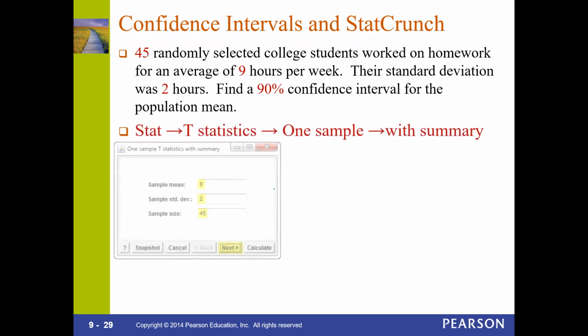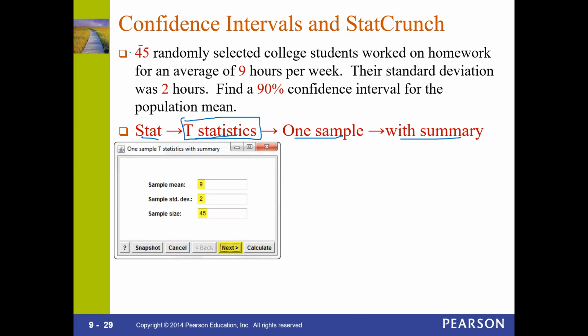For example, the sample mean was 9, the standard deviation was 2, the sample size was 45. Remember, you do Stat, T Statistics, One Sample with Summary. I know the sample is large at 45, but sometimes the problem might want you to do something like this.